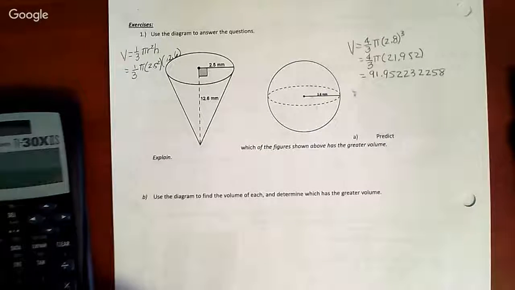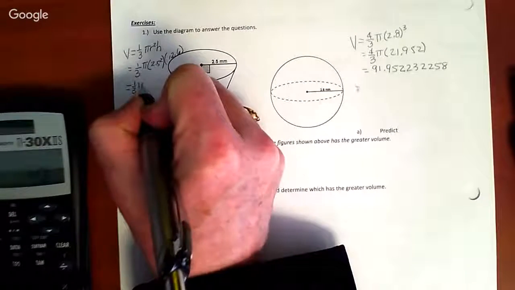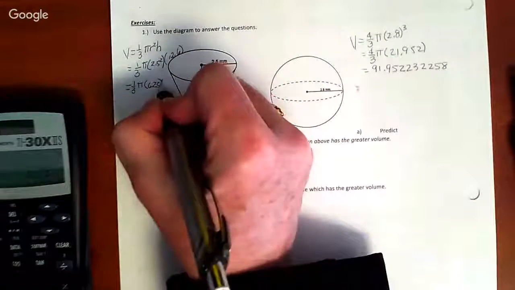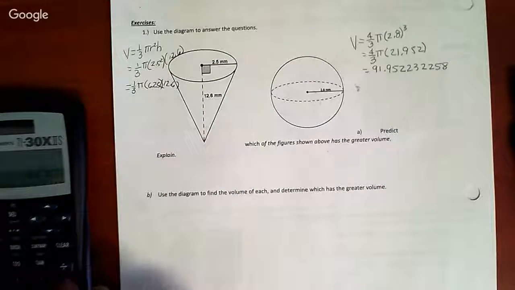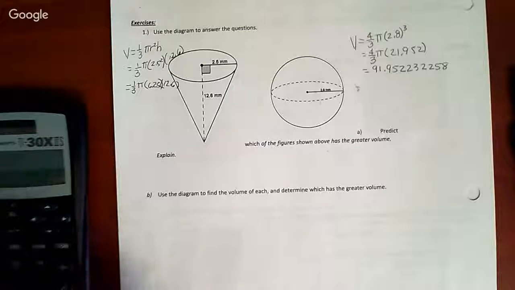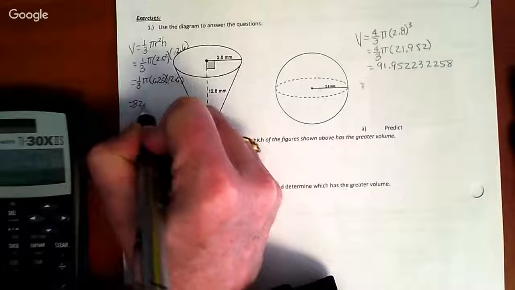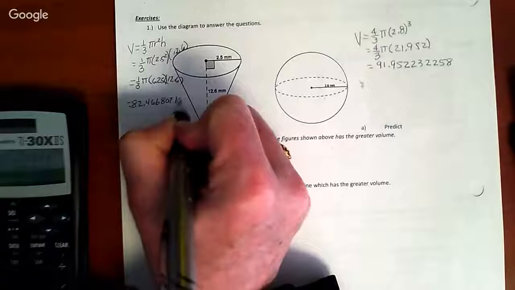So let's multiply this other one. So we've got 2.5 squared equals. So we've got 1/3 times pi times 6.25 times 12.6. So let's multiply that all out. So here we've got 82.466807.